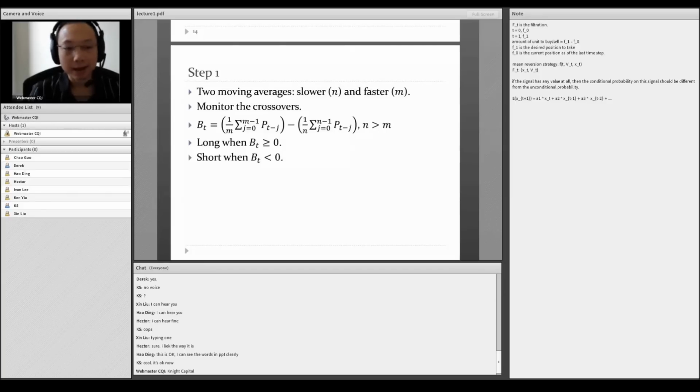This equation is everything to the moving average crossover strategy, and only because we can write it down in this form can we analyze it.